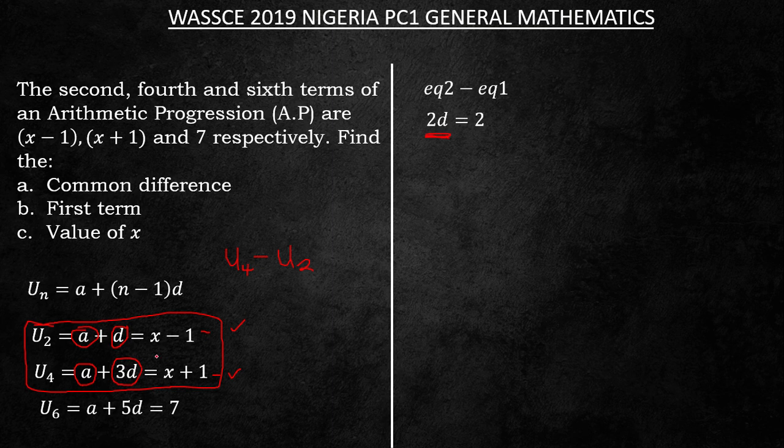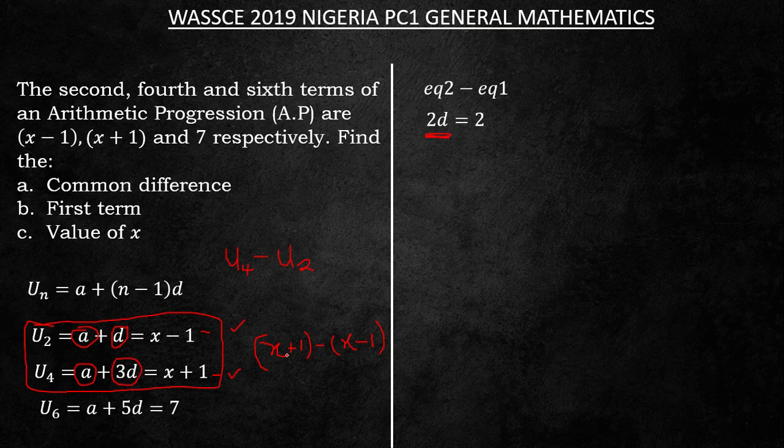Then I can also do the x plus 1 minus x minus 1. So I have x, then plus 1. I have this over here, then minus the x minus 1.